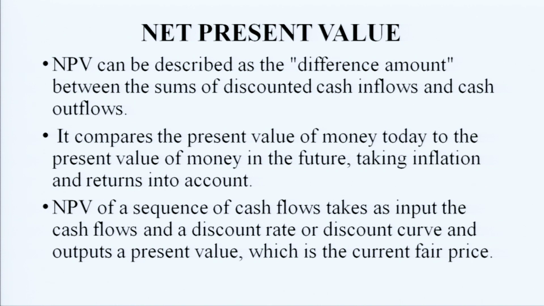NPV can be described as the difference amount between the sum of discounted cash inflow and cash outflow. It compares the present value of money today to the present value of money in the future, taking inflation and return into account.